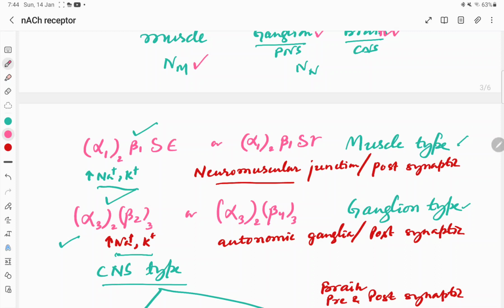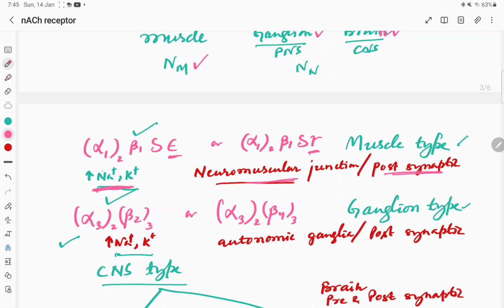So in muscle, 2 alpha 1 subunits are there, 1 beta 1 subunit is there, 1 delta subunit is there, and the 5th subunit can be either epsilon or gamma. So these 2 types of combinations are there in neuromuscular junctions, and these receptors are postsynaptic and they are permeable to sodium and potassium.